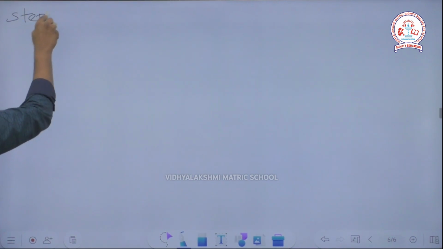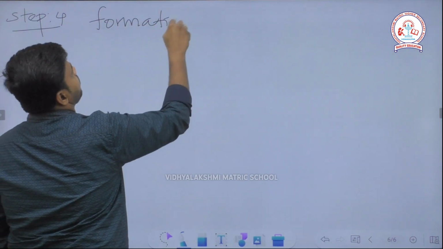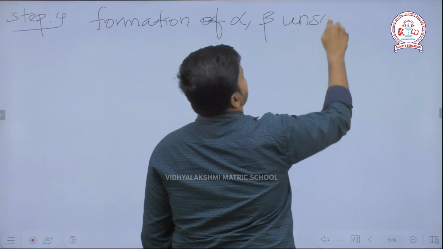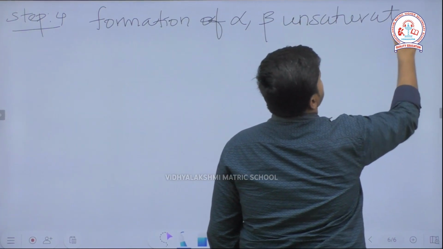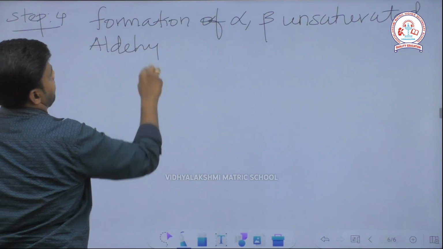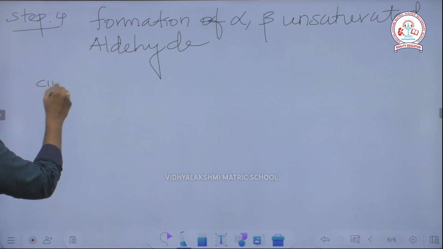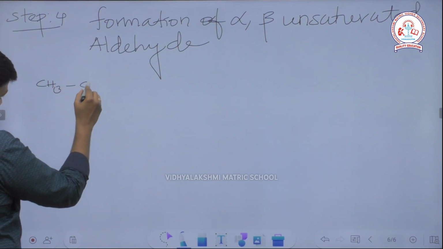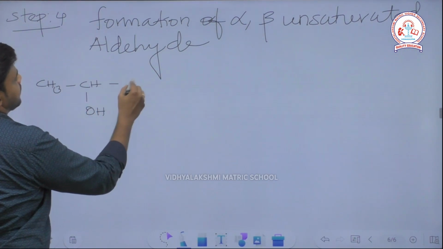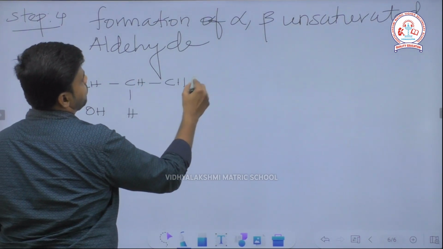Formation of alpha beta unsaturated aldehyde. Let me write CH3, CH, OH, then CH2, CHO. I'll just split it and write CH2, CHO.